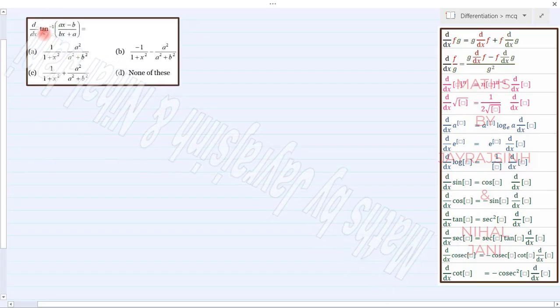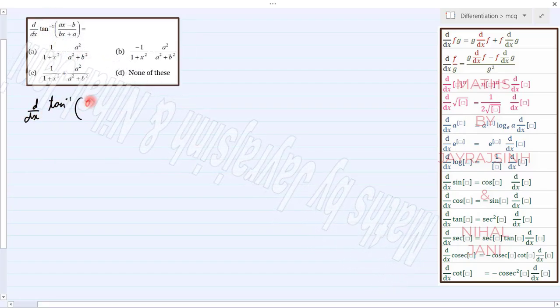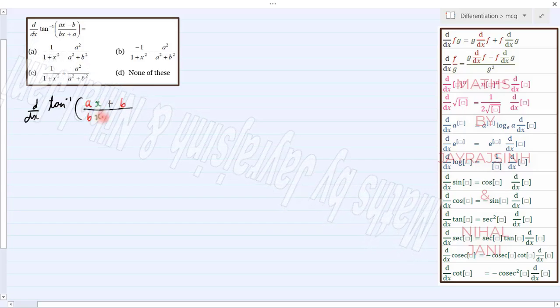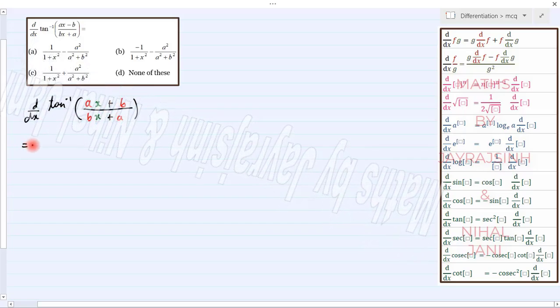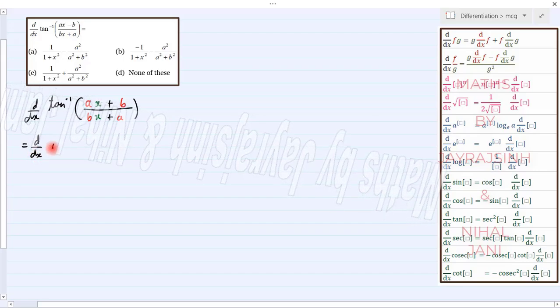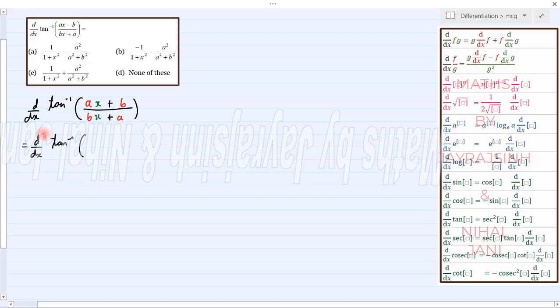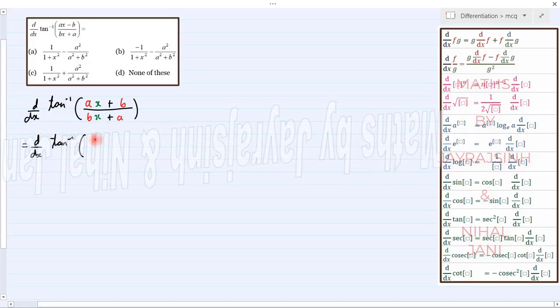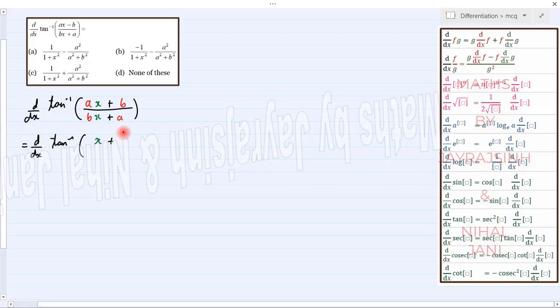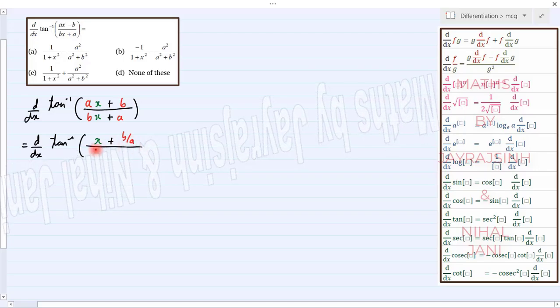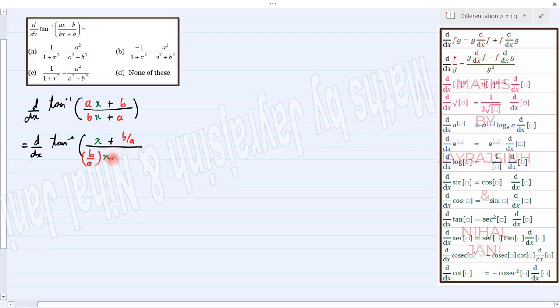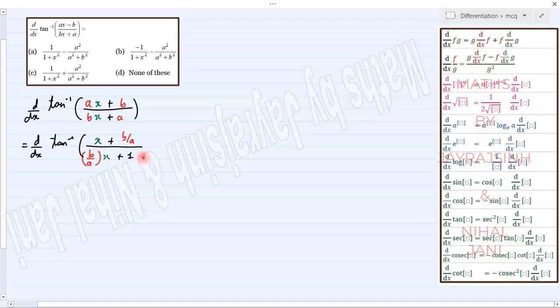Here we have to find out differentiation of tan inverse of (ax minus b) upon (bx plus a). To simplify this, let's say we divide numerator and denominator by a. So we will get x minus b by a and b by a into x plus 1.